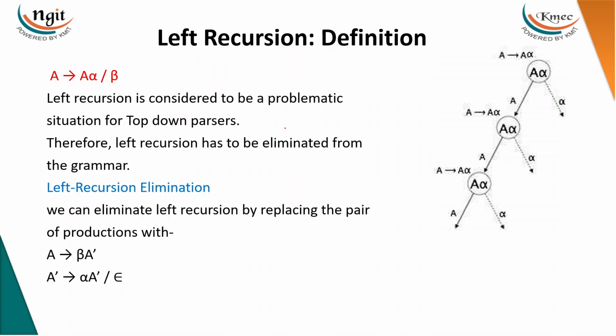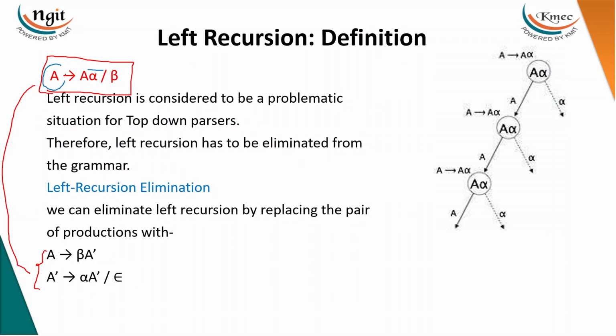So to avoid that, we have to eliminate the left recursion. How can we eliminate it? Simply, we can eliminate the left recursion by replacing the productions like this. If you have A tends to A alpha or beta, we can eliminate it by rewriting the production like this. What is the meaning of it? If any production is of the form A tends to A alpha or beta, where the left hand side non-terminal is the starting symbol, that is taken as A. In that production, all the remaining symbols are treated as alpha.